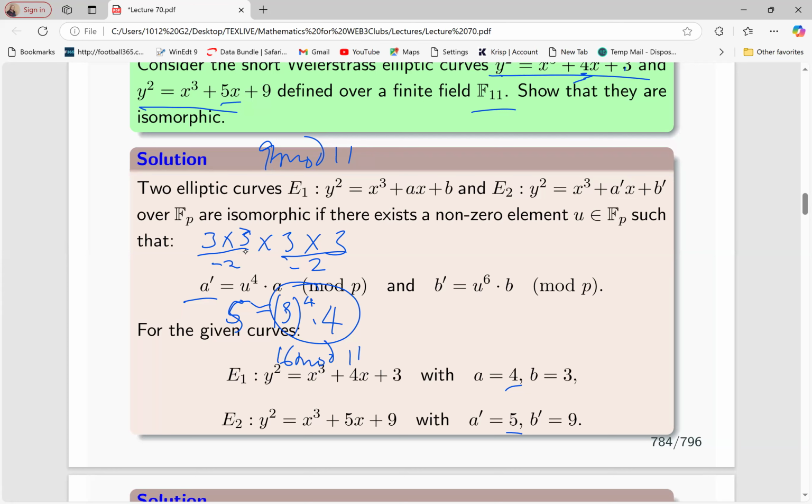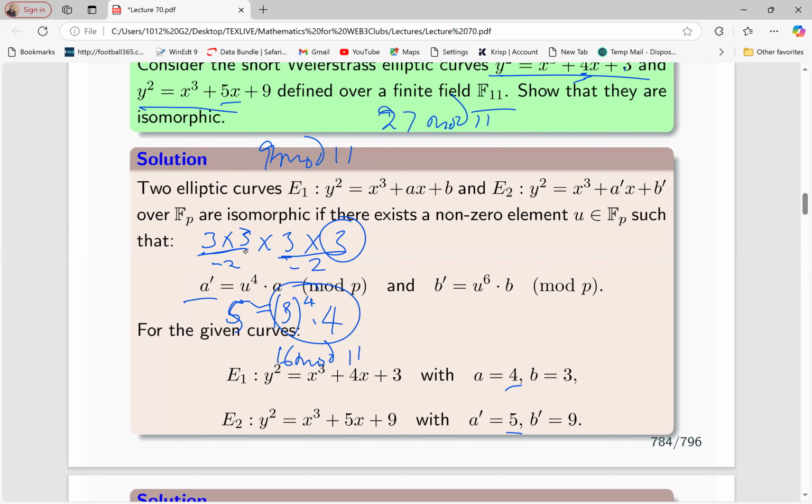Otherwise, you would have gotten 9, then multiplied by 3, that will give you 27. 27, reduce this mod 11, you get 5, because of 22 the remainder is 5. Then this 5 multiplied by 3 gives you 15. Is it 15?